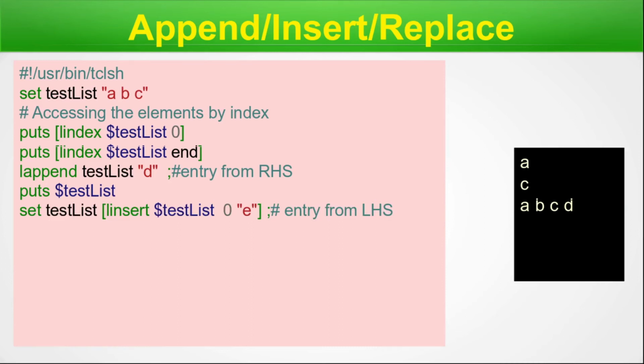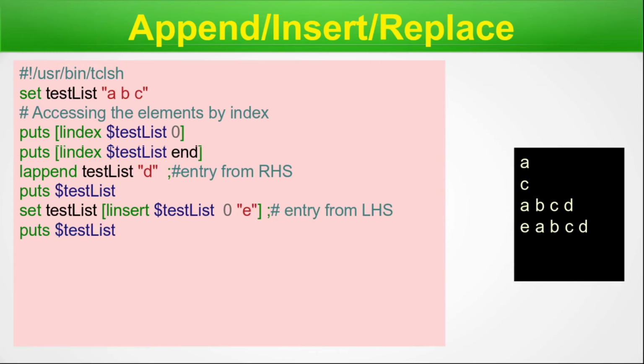Now the question is how we can make the entry from the beginning, that is, from the left hand side. For that we have to use the insert procedure, and we have to give 0 as the position where we are pushing that particular element. So we echo it, and we see that E has come at the beginning, and the rest of the elements are after that.